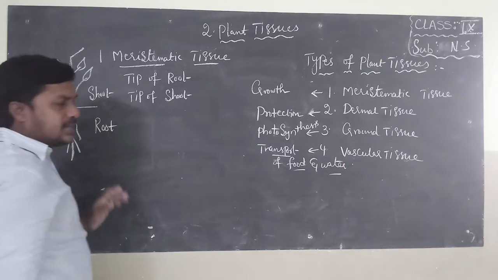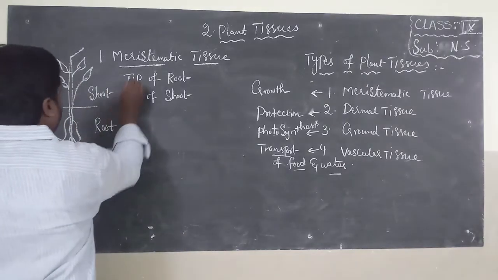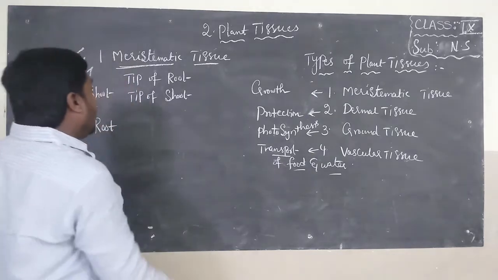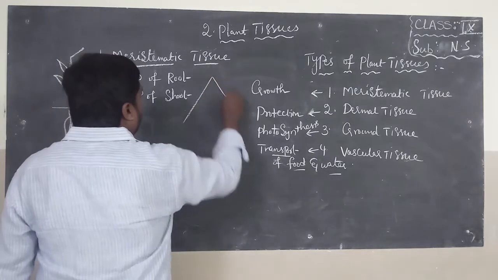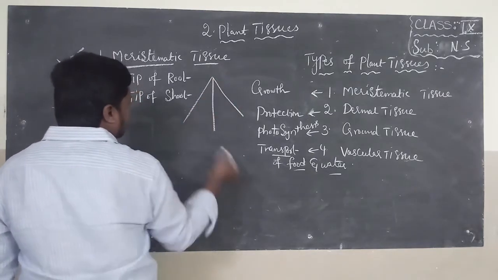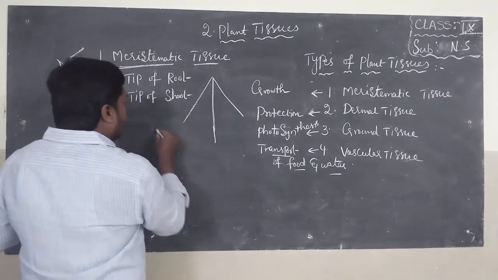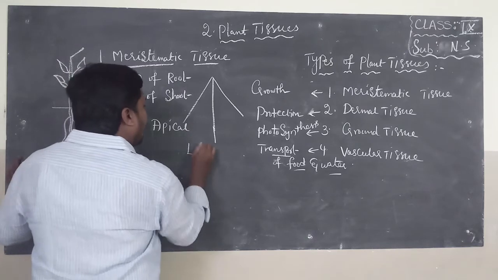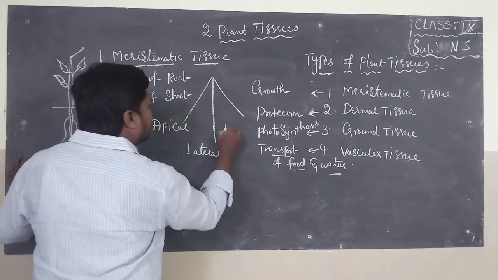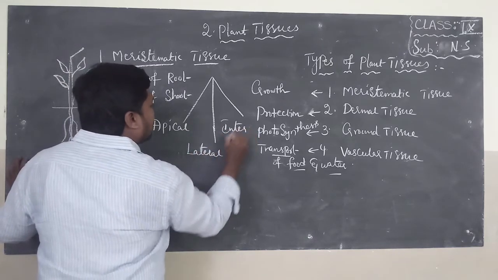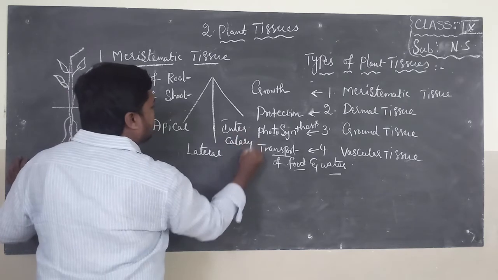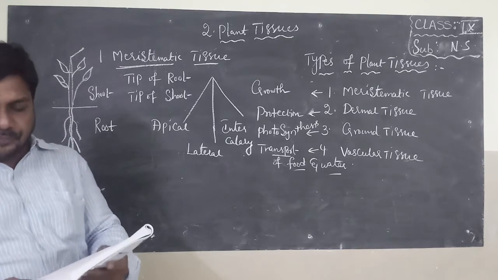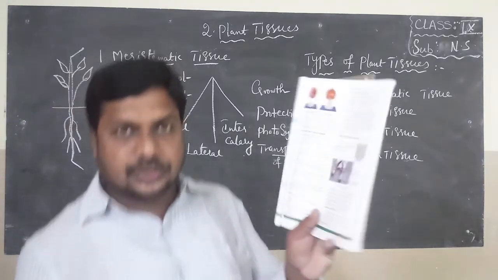If you observe these tips, we can find a tissue called meristematic tissue. In meristematic tissue, we can find three sub tissues: apical meristematic tissue, lateral meristematic tissue, intercalary meristematic tissue.